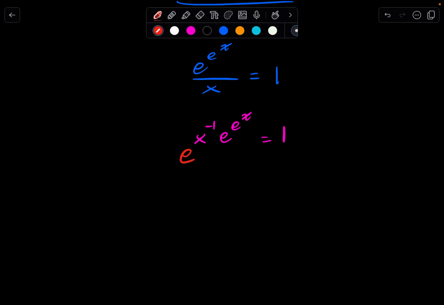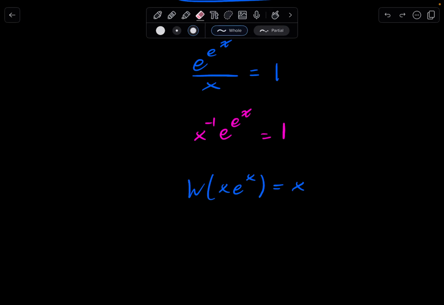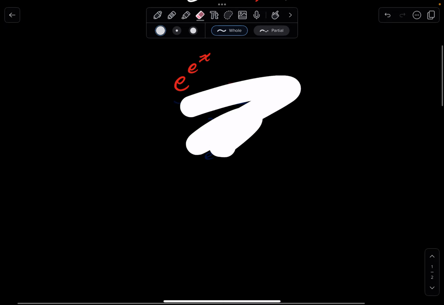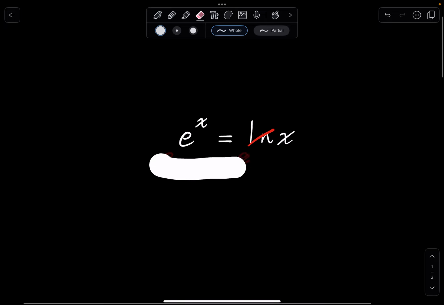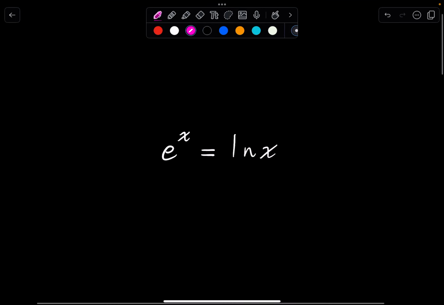If I exponentiate both sides, then this e comes here, and this gets convoluted because these are multiplying, and then it doesn't look too nice. So maybe we already messed up as a whole. So let's go back to the beginning. How can we approach this problem? If we have the Lambert W function, as I said, we know that the Lambert W of something times e to the something returns that something.